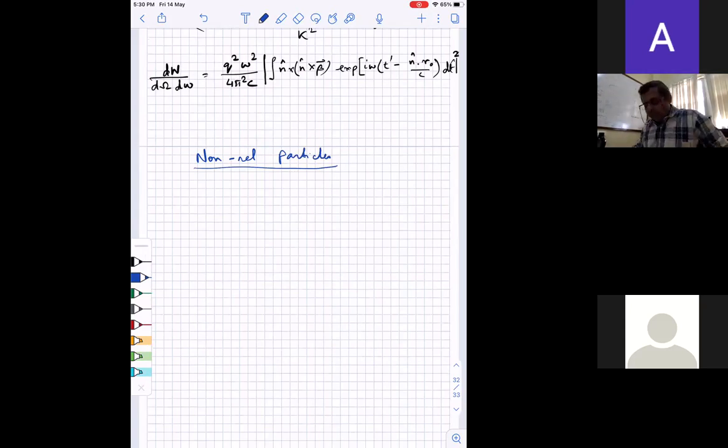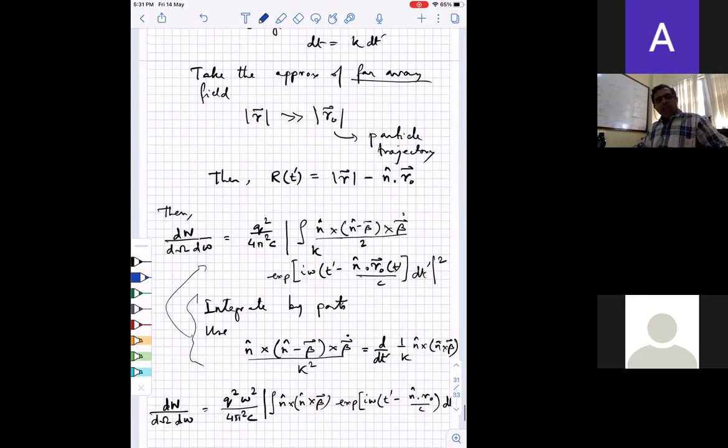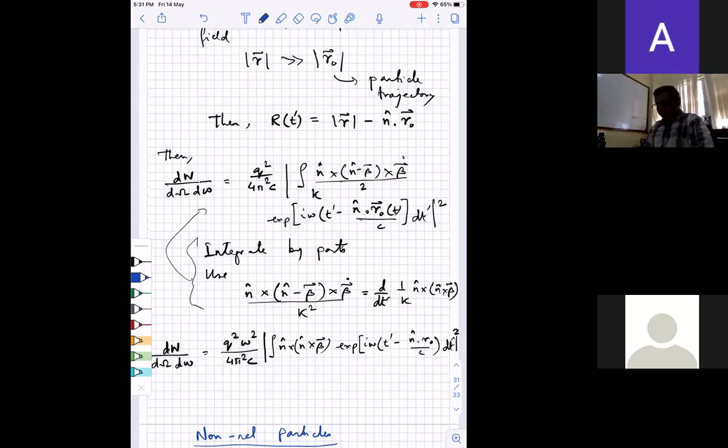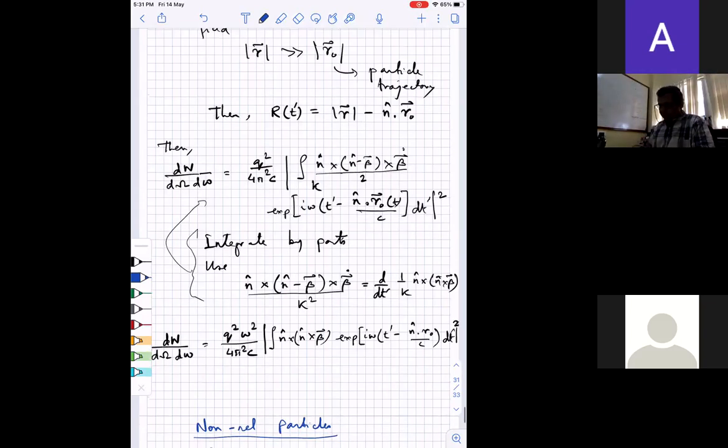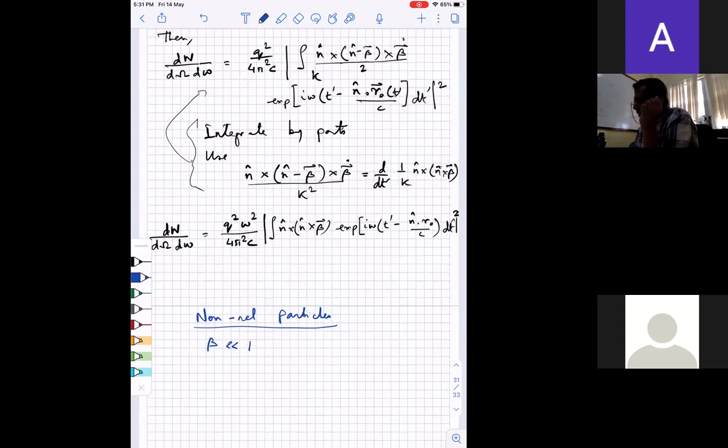So for non-relativistic particles, your beta, of course, is less than 1. If you look at the velocity dependent part and the radiation dependent part, we can make a couple of comments before we actually go and do this. Let me see what I wanted to say over here.